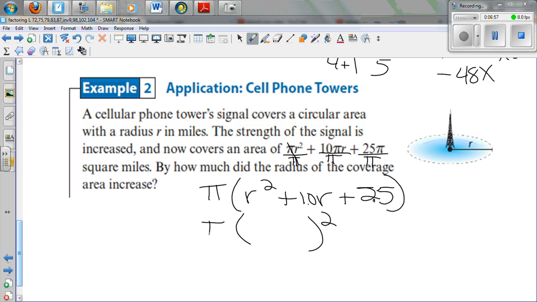So it's going to be pi, and then I know it should be r and 5, and plus, so positive here. And does that give me a 10r in the middle? Well, if I take 5 times r, and I times it by 2, yeah, that gives me the 10r in the middle. So I know that that is indeed a perfect square trinomial.